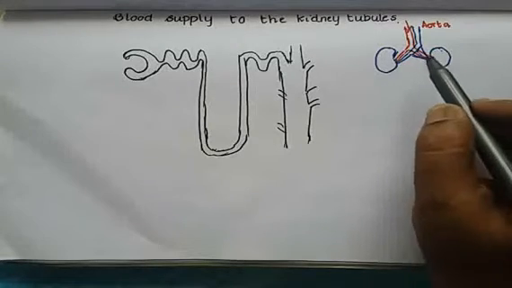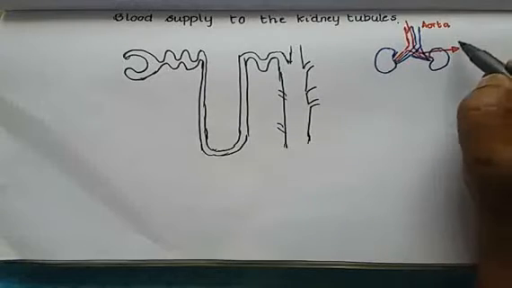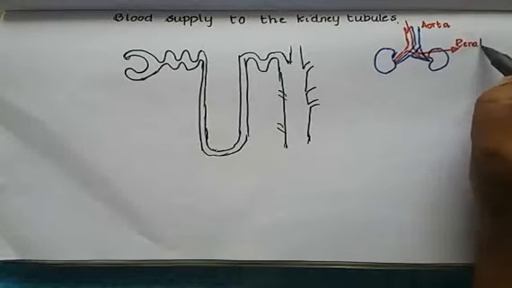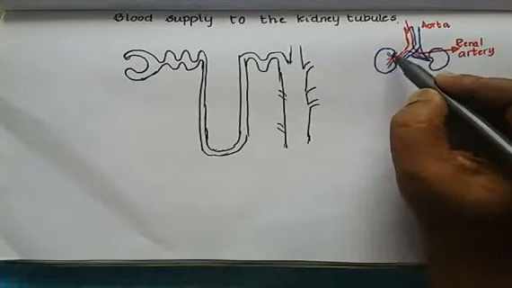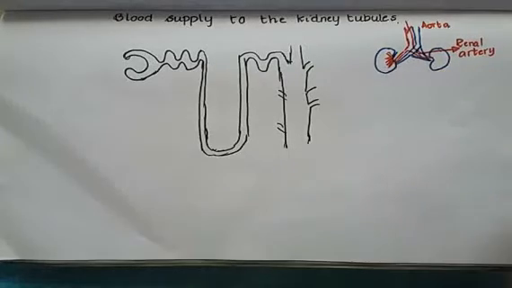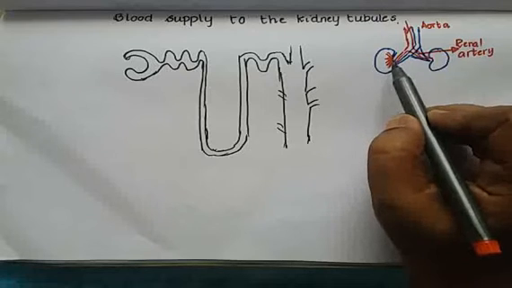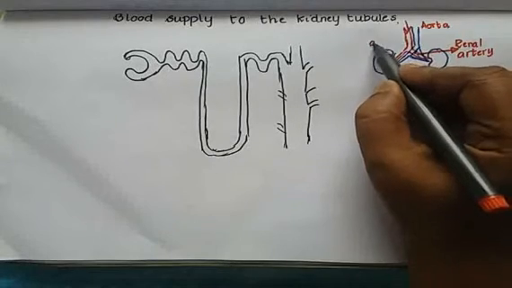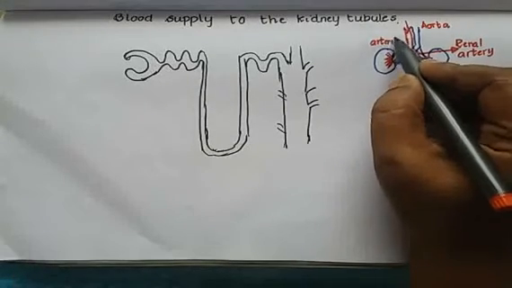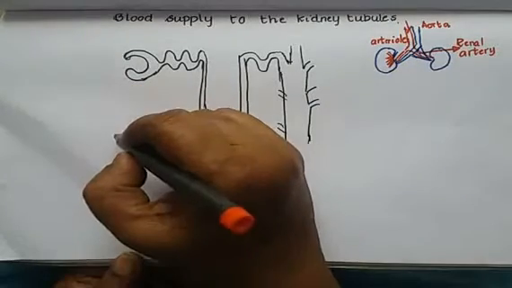It branches and enters each kidney, and these arteries which enter each kidney are known as the renal artery. Each renal artery enters inside the kidney and branches out several times. So the renal artery branches and rebranches several times, and finally, at the end of the artery, we find the smallest branch of an artery known as an arteriole.